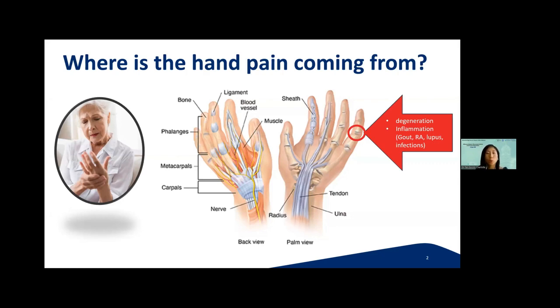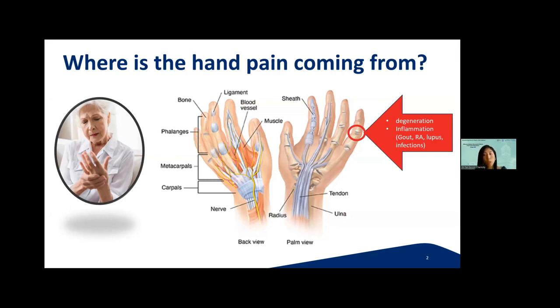Joint pains may be due to inflammation, and there are various causes of this. An example would be a condition called gout, when uric acid crystals deposit in the joint space, causing inflammation. Another would be autoimmune conditions like rheumatoid arthritis and lupus.